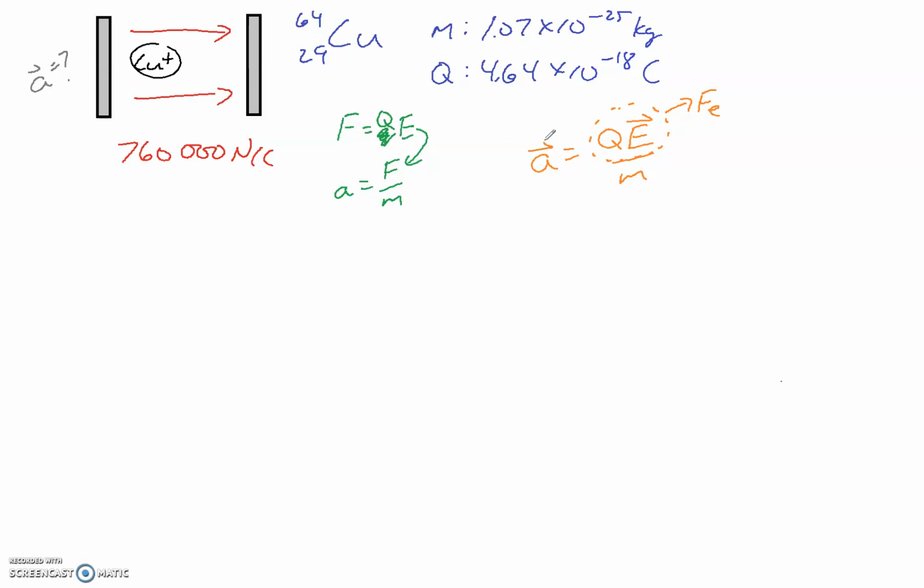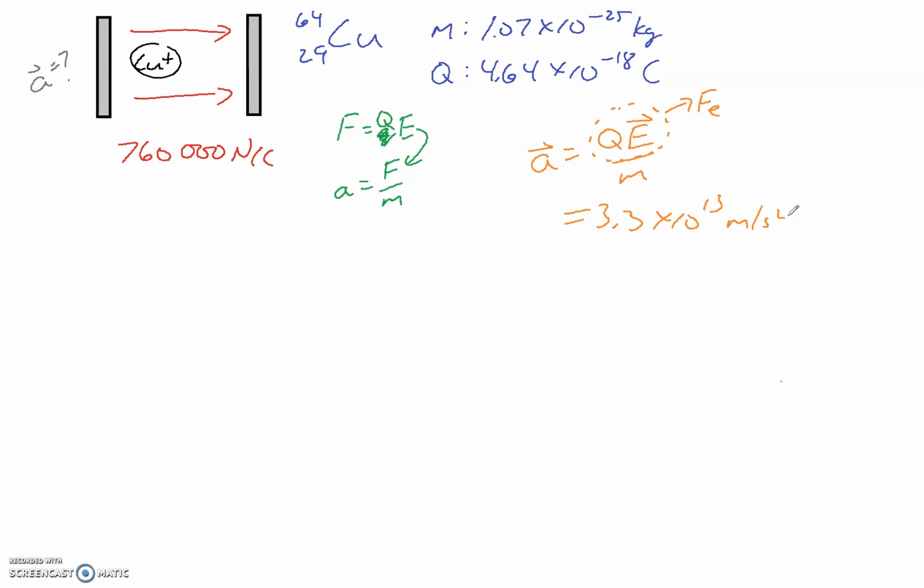And then we've got our acceleration, which will be around 3.3 times 10 to the power of 13 meters per second squared. So there's the acceleration of the nucleus as it goes across. Of course, you could find the distance and times and other things as well, possibly, but we're just looking for the acceleration right now.